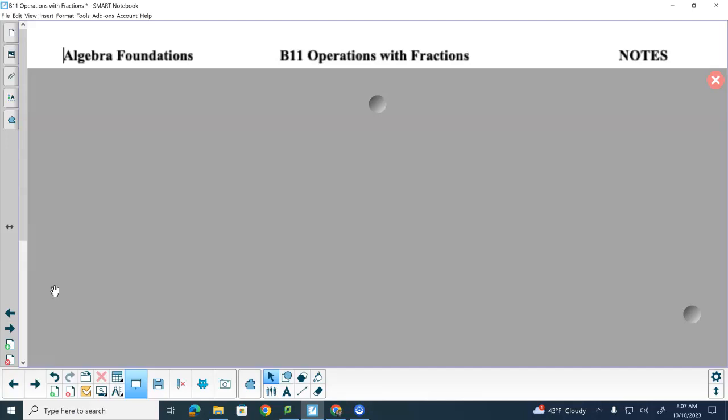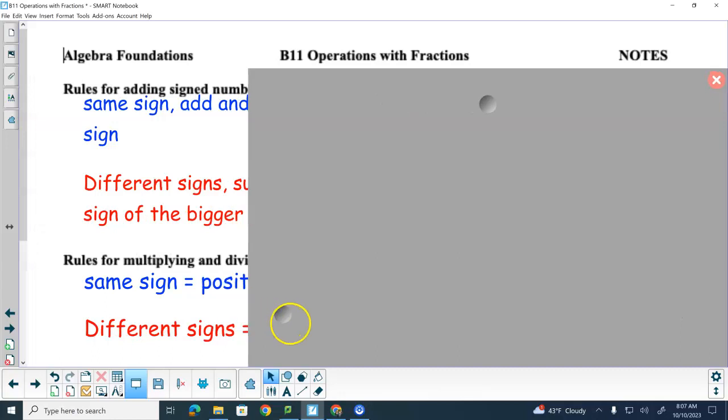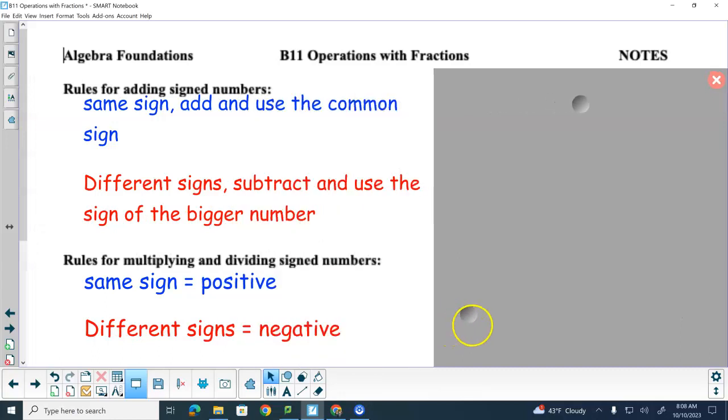Now, multiplication of two signed numbers. If the signs are the same, it's positive. If the signs are different, it's negative. Okay? So I'm going to give you a couple of seconds here. There we go. So here are our rules for adding and multiplying signed numbers.